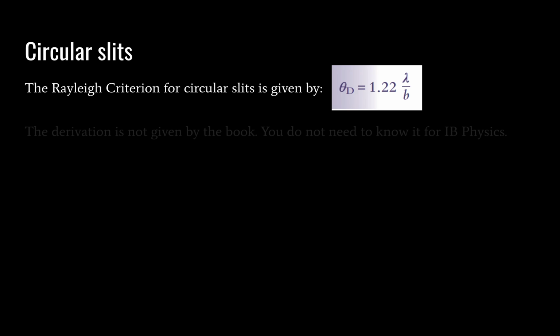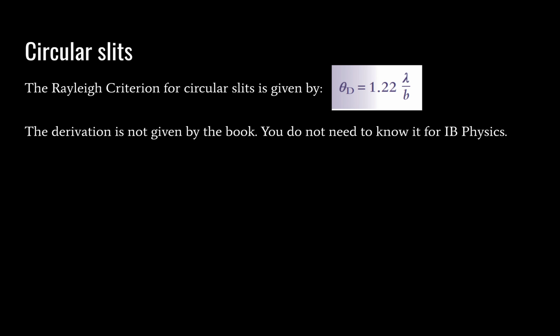There you go. Okay, this derivation is not given by the book, and you don't need to know it for IB physics. So don't worry about it. Just know that that's it, and you need to be able to apply the mathematics, which we will do a bit later in the handout that I'm going to share with you.